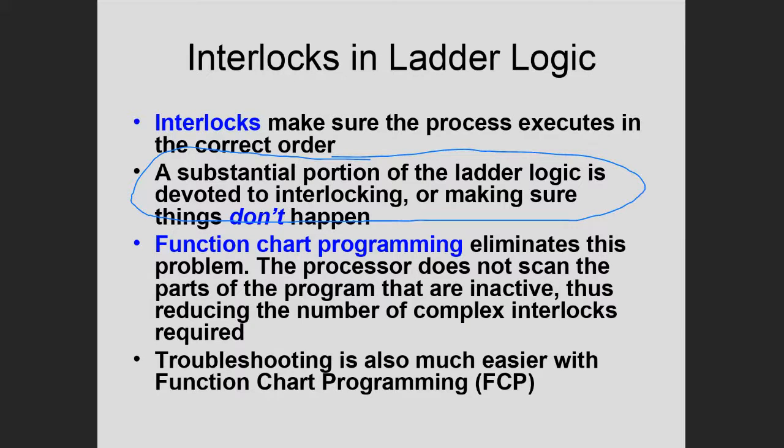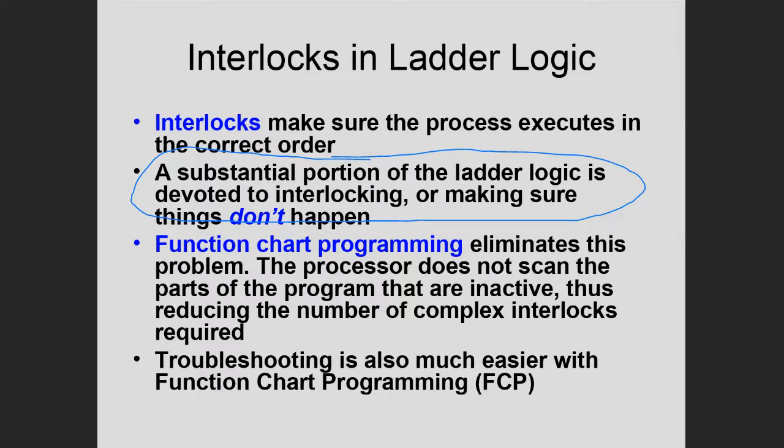So again, it reduces scan time and greatly reduces the need for interlocks. There are so many advantages to this type of programming that you have to wonder why it's not used more. I think as time goes on, more and more people will use this approach because it really is more structured and a lot easier to work with.